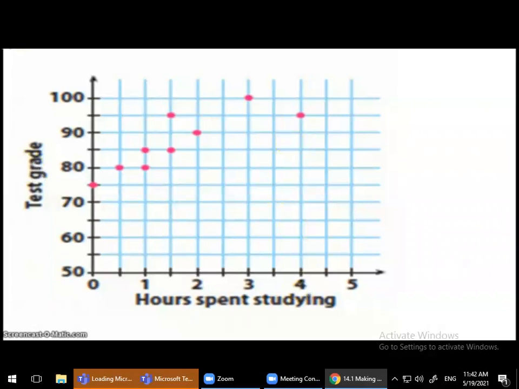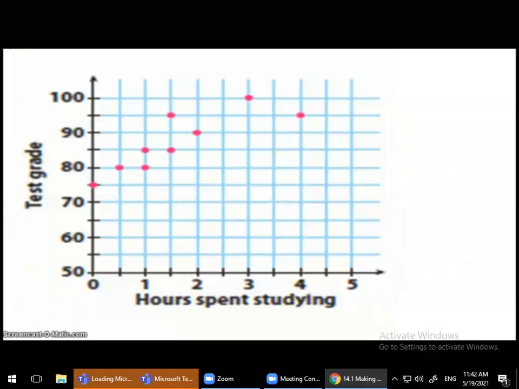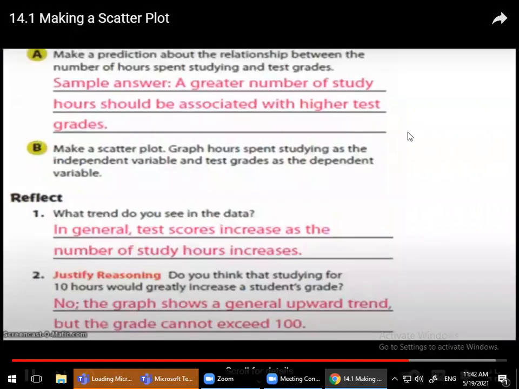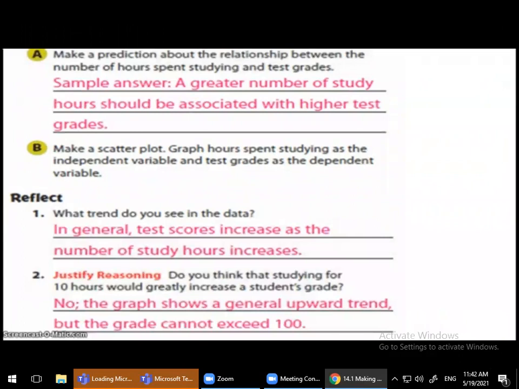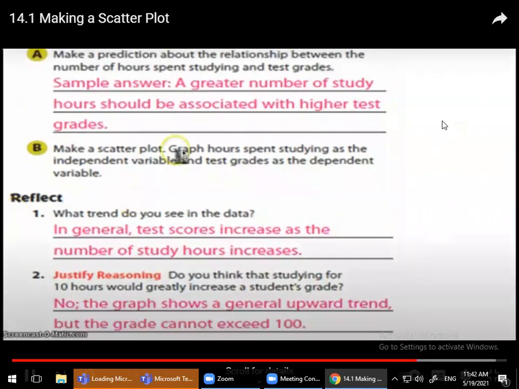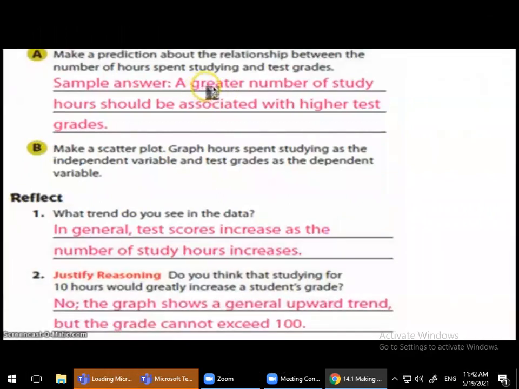Okay, so I hope you can grab those exactly. Now, it says to make a prediction about the relationship between the two. One good sample prediction would be: the more hours spent studying, the higher your test grade will be. And of course, we already made that scatter plot.